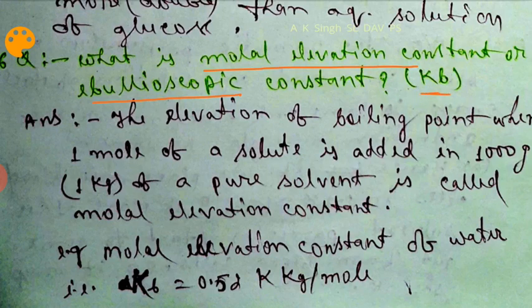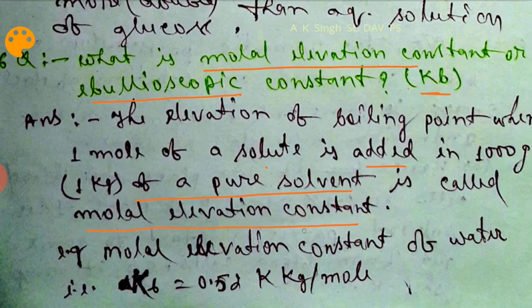Now answer: the elevation of boiling point when 1 mole of solute is added in 1000 gram or 1 kg of pure solvent is called the molar elevation constant.